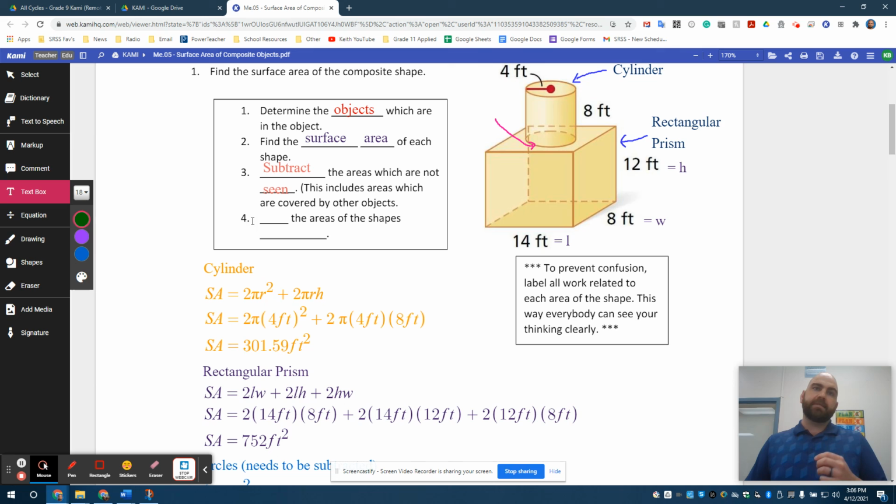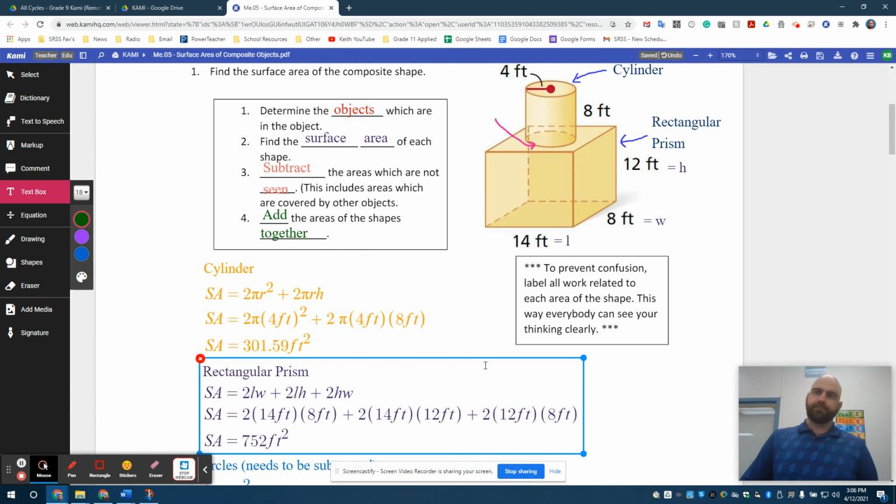This could be a little different depending on the type of object, and I'll show you an example of that in just a little bit. But we subtract the area that we don't need. Finally, we add the areas of the objects together, and that gives us our entire surface area.